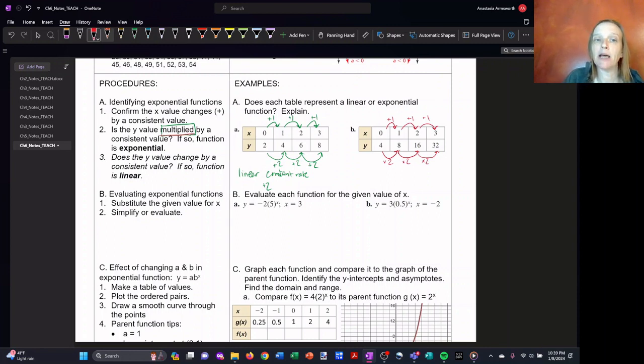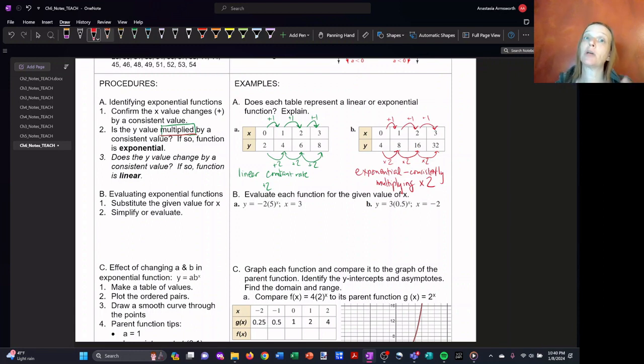Because I'm multiplying by a consistent value, this is an exponential function. So this is exponential because I'm consistently multiplying by 2. Okay, so that's what makes this an exponential function.